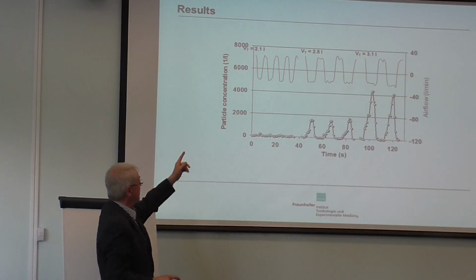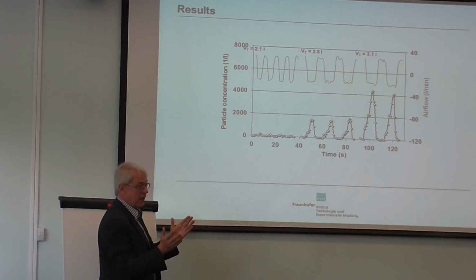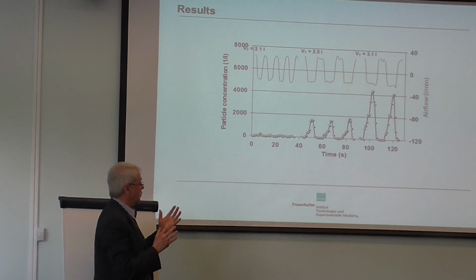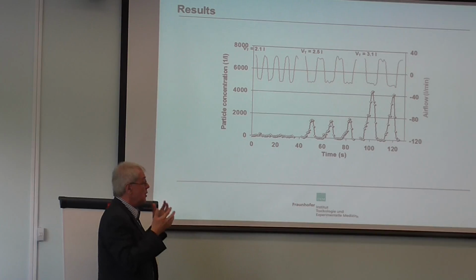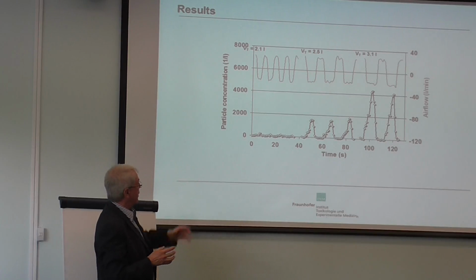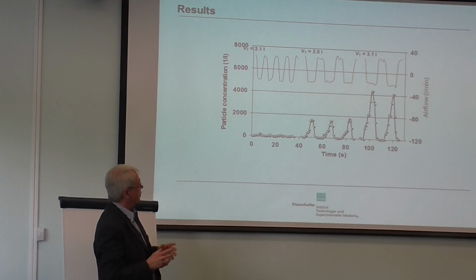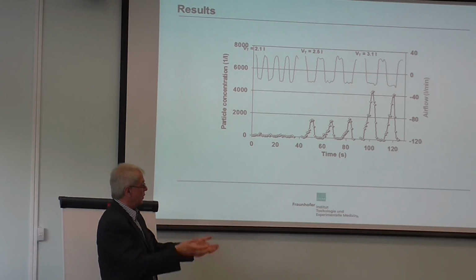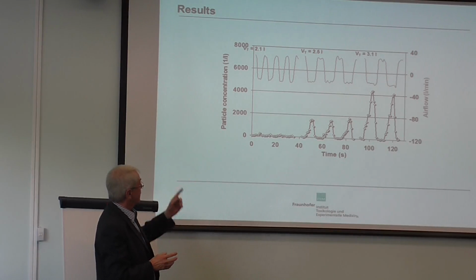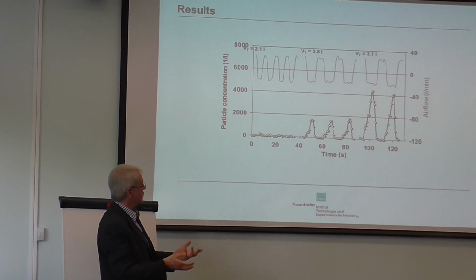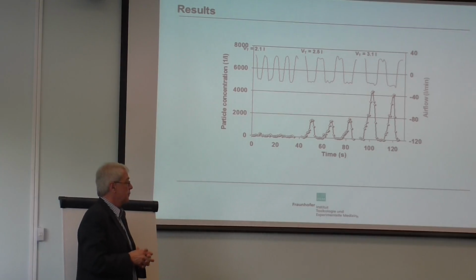As you can see here, for the first sequence, where you have a tidal volume of 2.1 liters, so one breath is 2.1 liters, you see only very few particles. But when you breathe deeper, 2.5 liters and 3.1 liters, you see a dramatic increase in particle concentration during your exhalation process. There's only a small difference in respiratory volume, but already a large difference in exhaled particles.